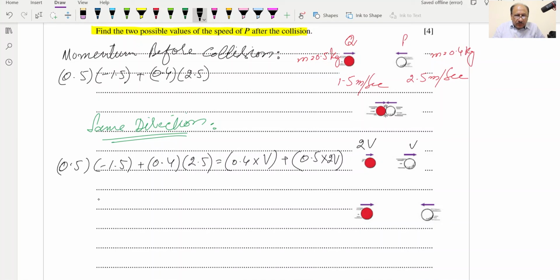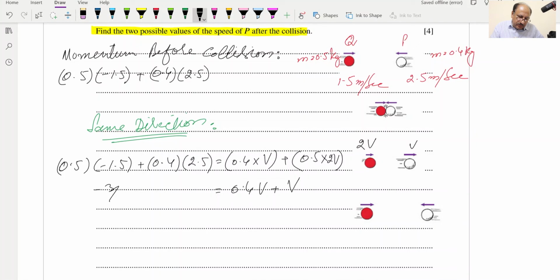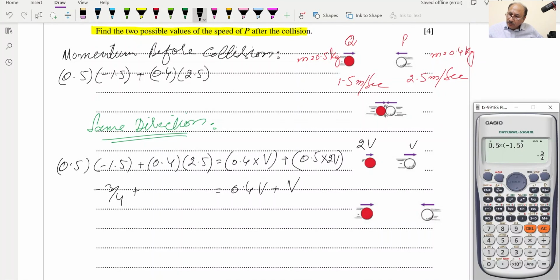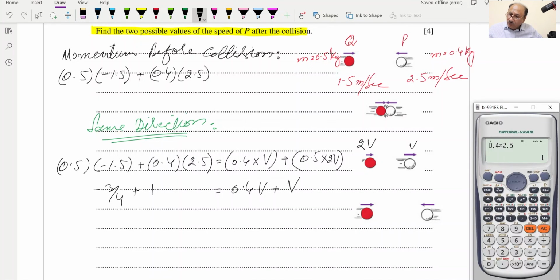Now we can find the value of V. We can write 0.4V plus 1V, so it will be 1.4V, and this side we can calculate: 0.5 into minus 1.5 is equal to minus 3 by 4, plus 0.4 into 2.5 is equal to 1, so 1 minus 3 by 4 will be equal to 1 by 4.